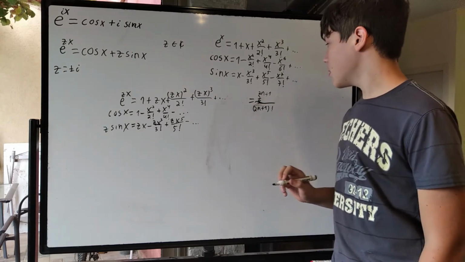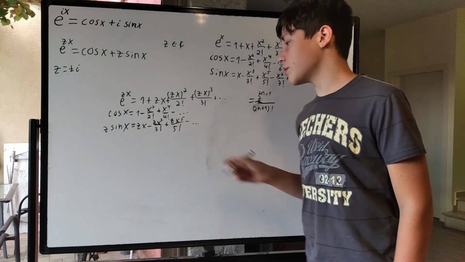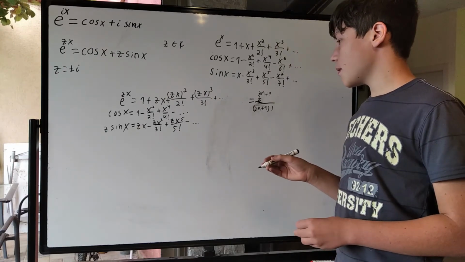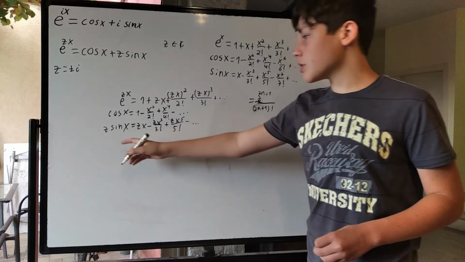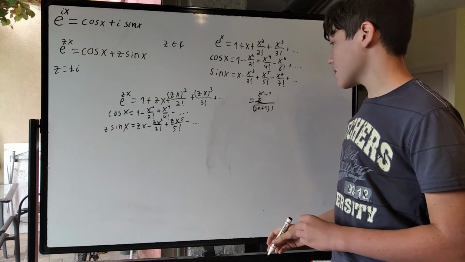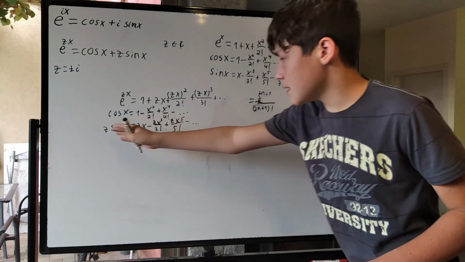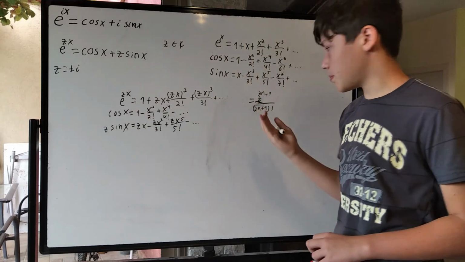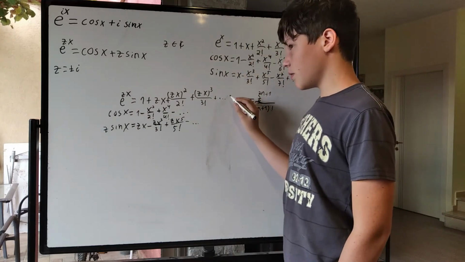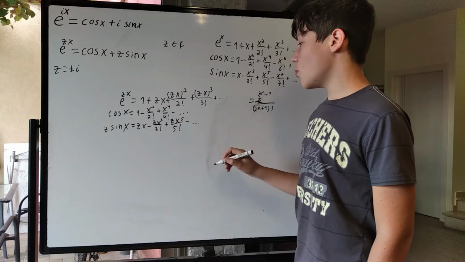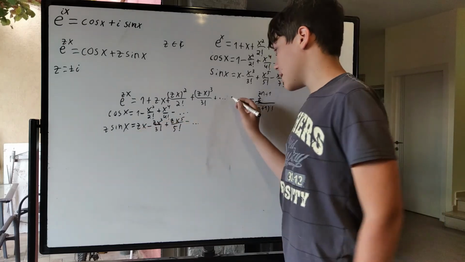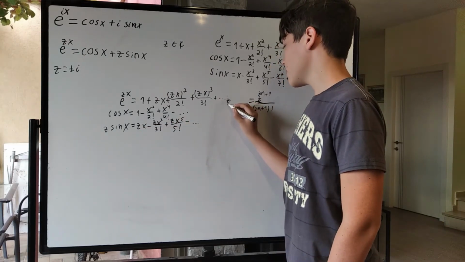And now, the coefficient of x to the 2n plus 1 in z sine x. First of all, you can see we're multiplying by z, so we have z.